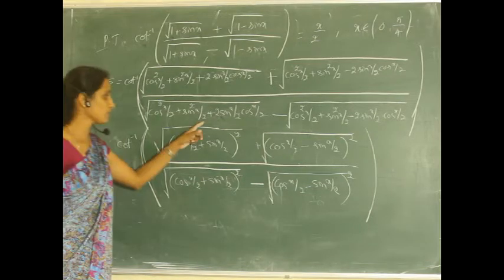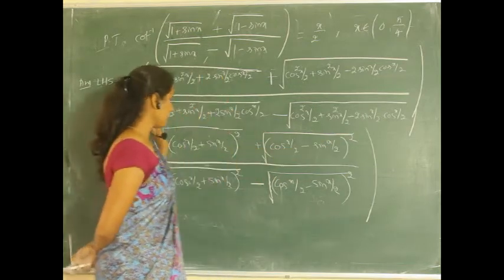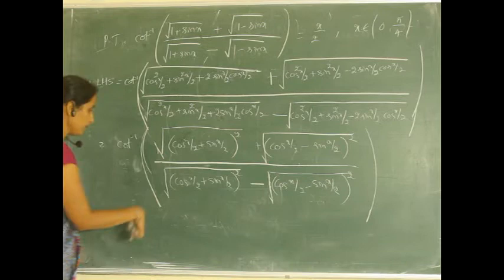So now we can see square and square root can be cancelled. Here also, here also, square and square root can be cancelled.